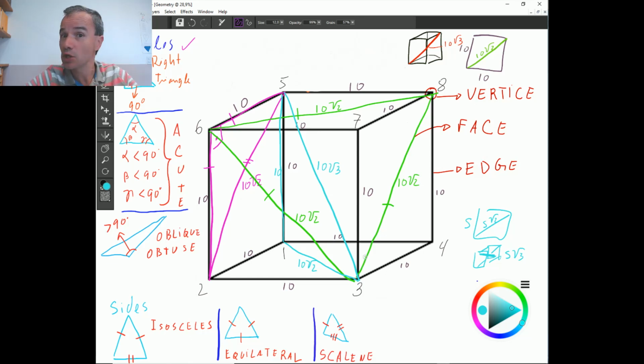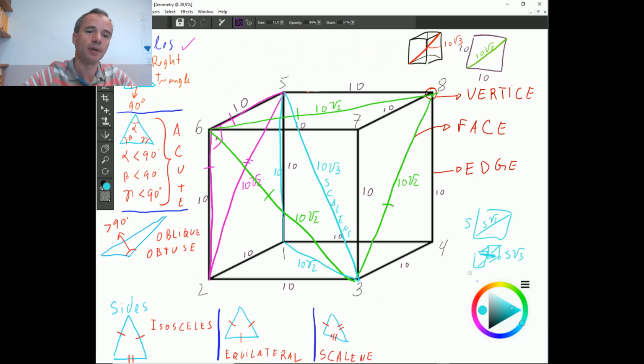Well, this is a cube diagonal. We have seen it is 10 square root of 3, the cube edge multiplied by square root of 3. So this is going to be a scalene triangle. Let's just write it: scalene.